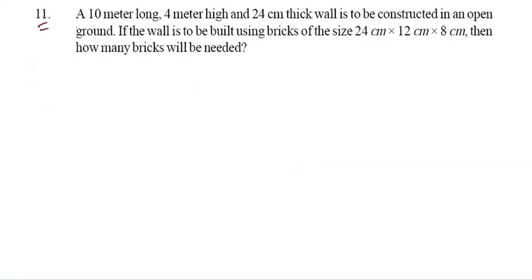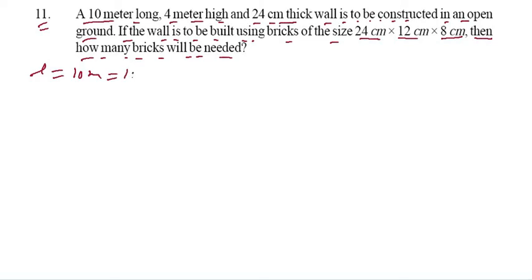Come to the 11th question. A 10 meter long, 4 meter high and 24 centimeter thick wall is to be constructed in an open ground. If the wall is to be built using bricks of size 24 centimeter, 12 centimeter and 8 centimeter, then how many bricks will be needed? First of all, length of wall is given as 10 meter.